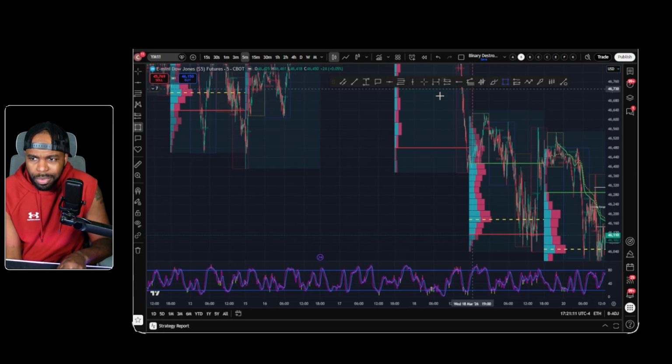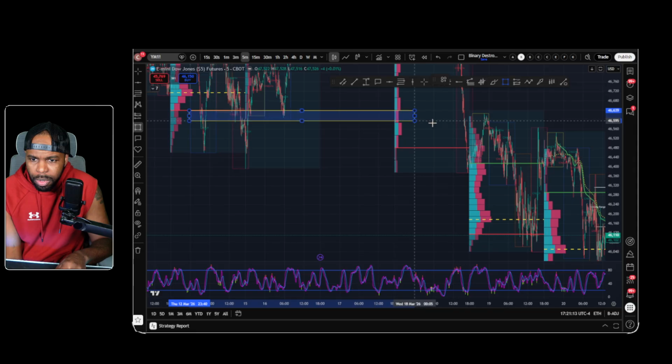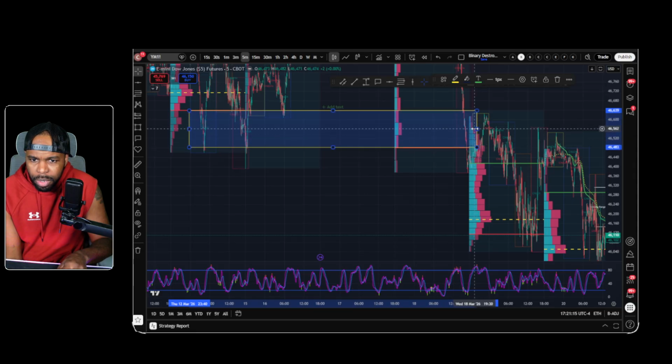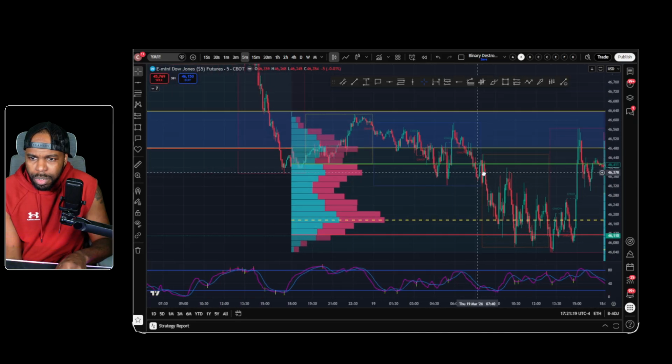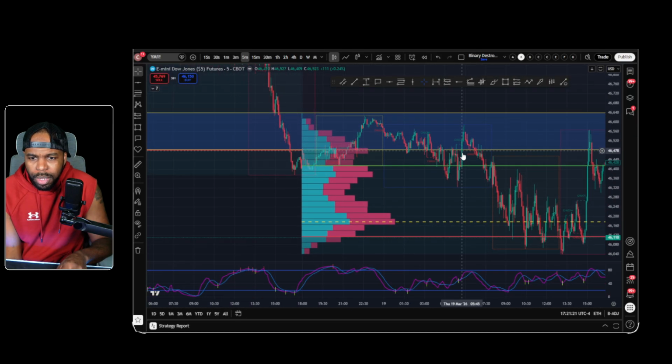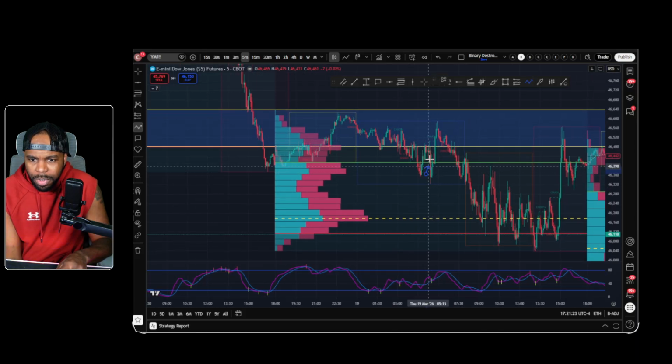I see right now I can use this value area low here to this value area low here, and I can just drag it here. And whenever price comes into these levels, like I said in previous videos, price likes to reject those levels.